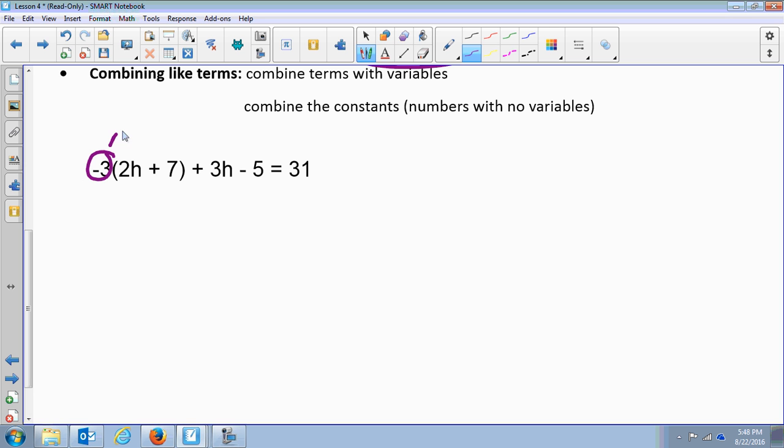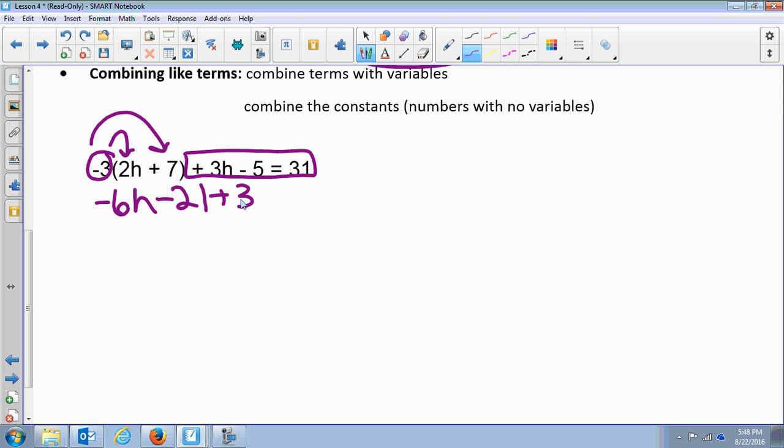So I'm going to do negative 3 times 2, and I'm going to get negative 6h. I'm going to do negative 3 times 7. Negative times a positive gives me a negative, and 3 times 7 gives me 21. Everything else that's outside the parentheses, I'm just going to go ahead and write it.